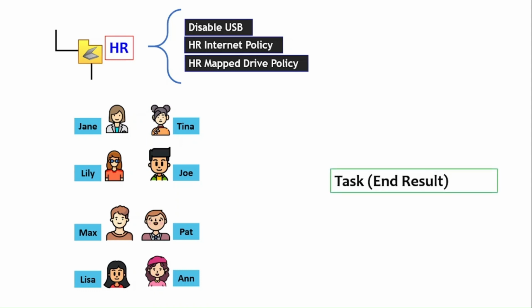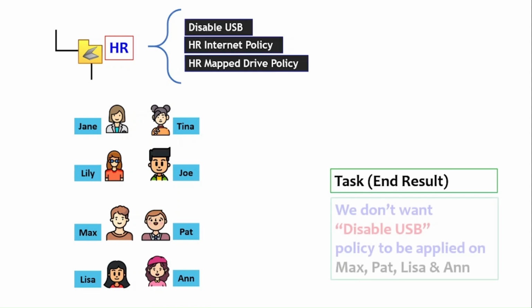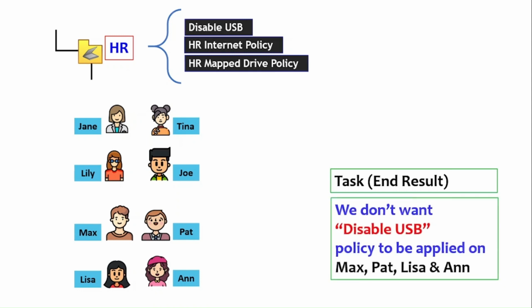Now there's a task given to us as an administrator that we don't want the disable USB policy to be applied on Max, Pat, Lisa, and Anne. So Max, Pat, Lisa, and Anne should be excluded from this policy.